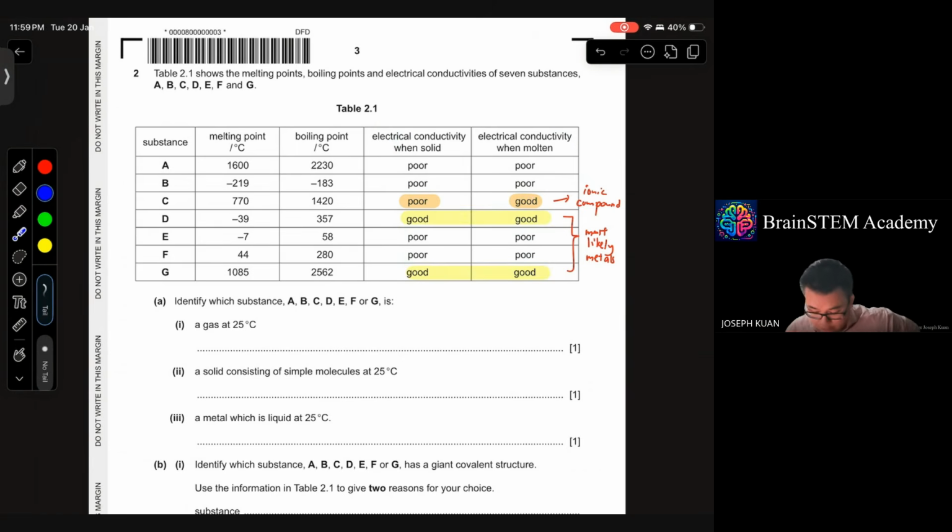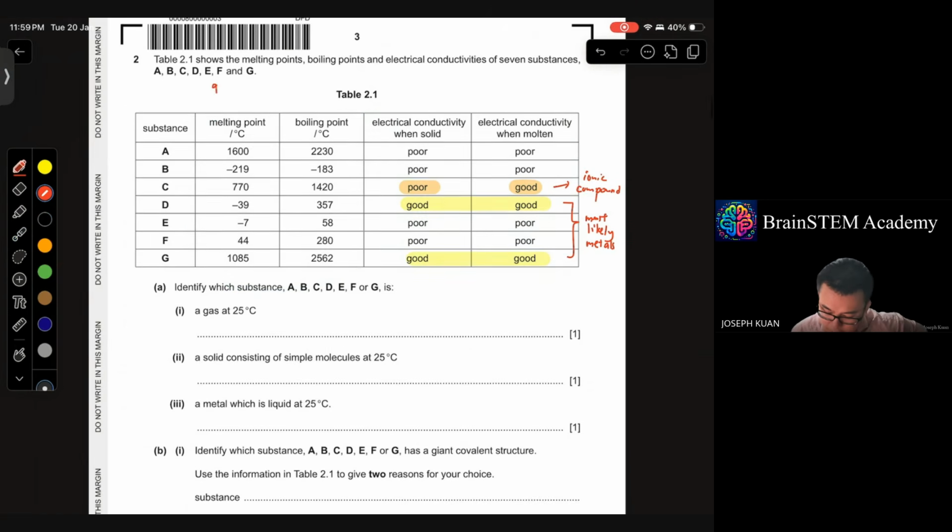Okay, then apart from that, we can also look at the melting point and boiling point. Now, general principle, okay, general principle. If you see a substance with melting point greater than 500, it is usually a giant structure. Okay, of course, this is just general principle, but still, it's kind of useful for us to know, where you can see that this one, A, might have been a giant covalent structure, and then our G, okay, is giant metallic.